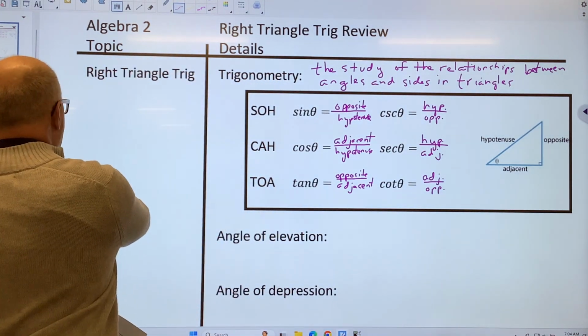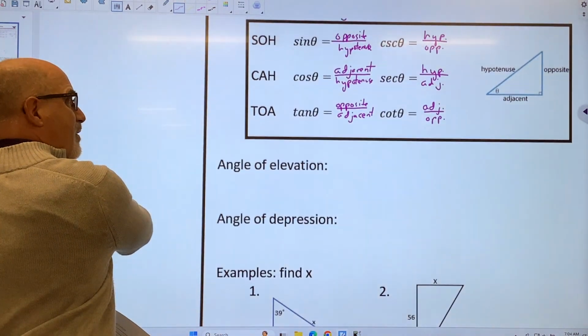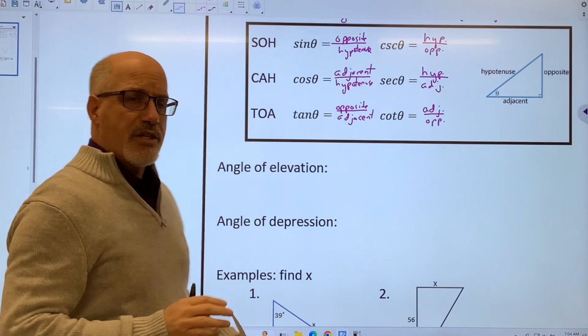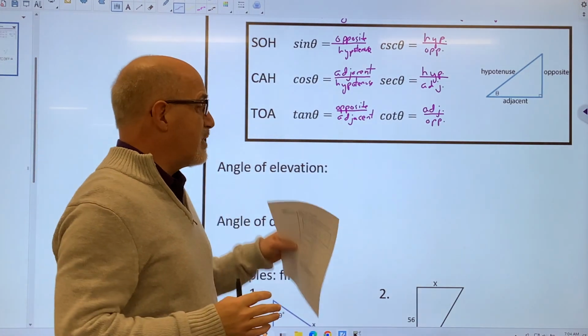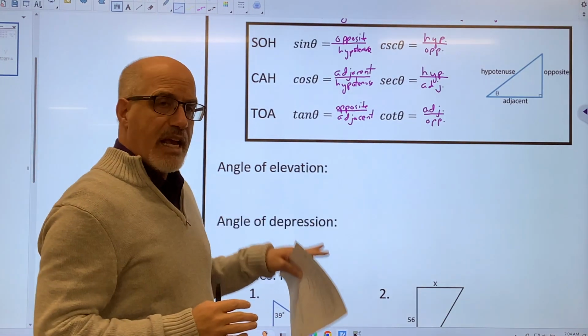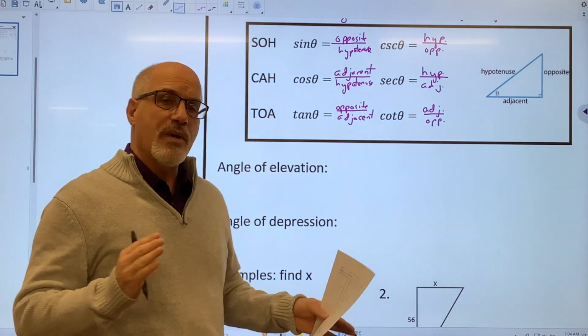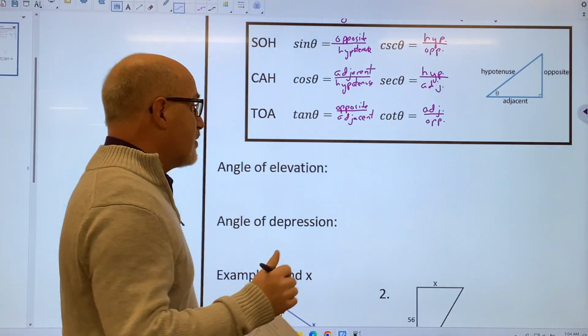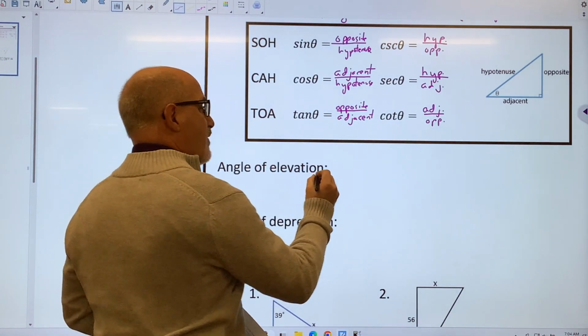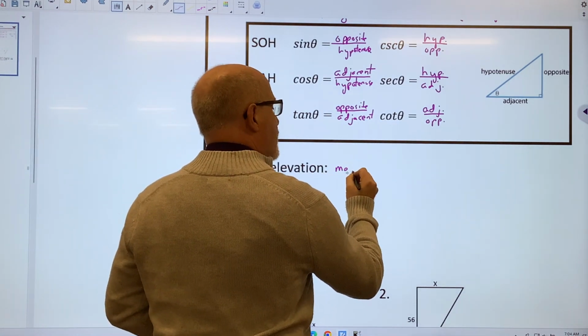We want to set up problems sometimes that have real world situations. So we sometimes will use the angle of elevation and the angle of depression. Both of these relate to the horizontal. So when you're measuring the angle of elevation, you measure from the horizontal.